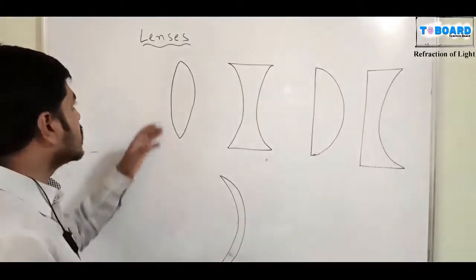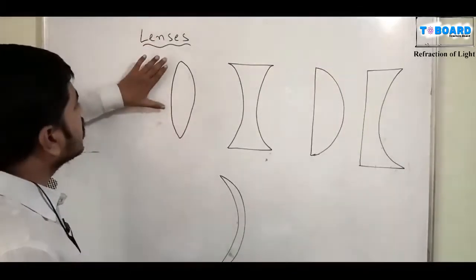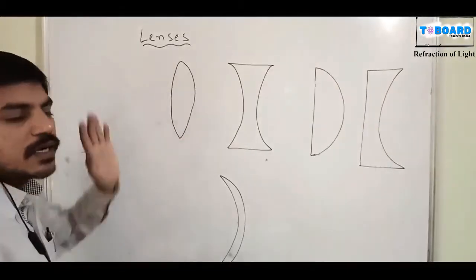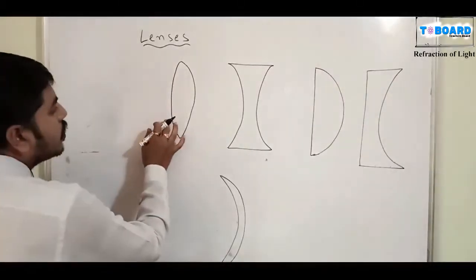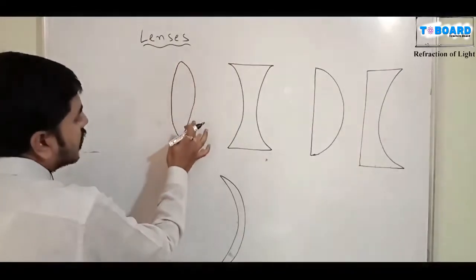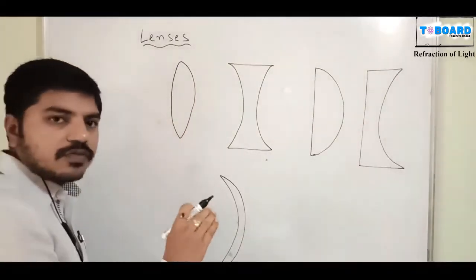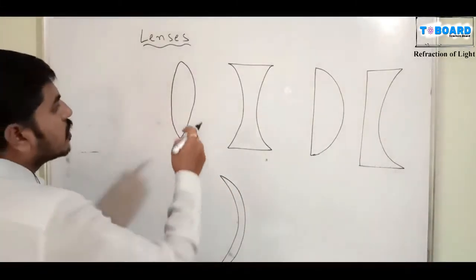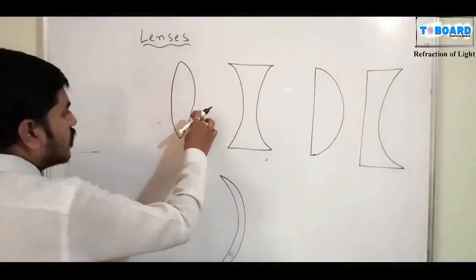But in these lenses, there are two surfaces, the first surface and the second surface. It looks like a convex, right? Convex and concave, two types of lenses are there. This is a convex surface.